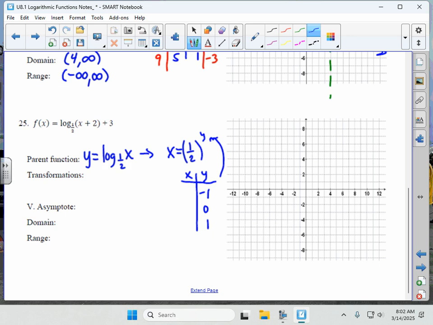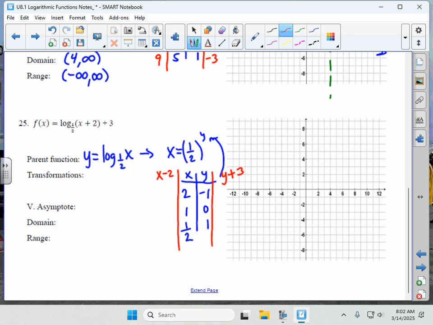So 1/2 to the -1 is going to be 2. 1/2 to the 0 is 1, and 1/2 to the first is 1/2. All right, applying our transformations. X plus 2 affects x, so we're going to subtract 2 because you got to do the opposite. The y's, we're going to add 3.